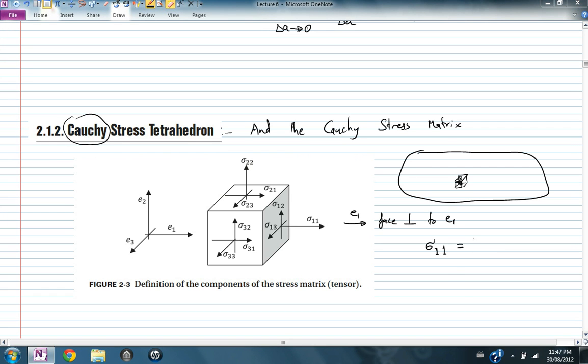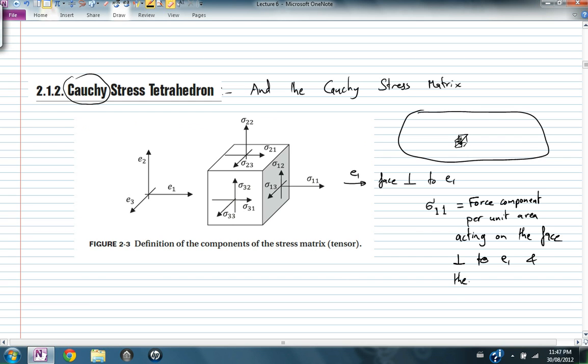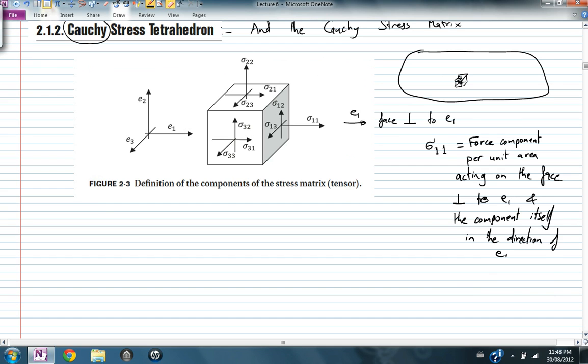So sigma 1, 1 is the force component per unit area acting on the face perpendicular to E1, and the component itself is in the direction of E1. What about sigma 1, 2?